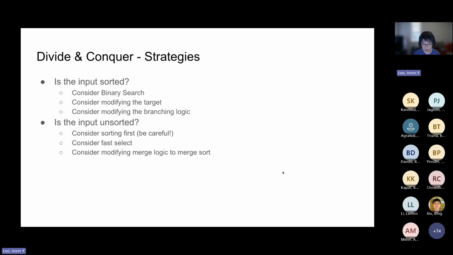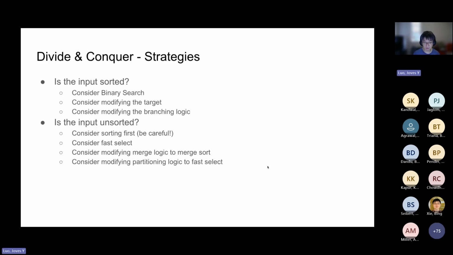Consider modifying the merge logic in merge sort. Rather than doing a full sort and then trying to do what you want, you can do it as you're merge sorting, and then you can assume that everything you're working with is sorted on the way up. And maybe instead of just doing a merge, you eliminate some work completely, and then the problem gets smaller and smaller on the way up. So that's also a consideration.